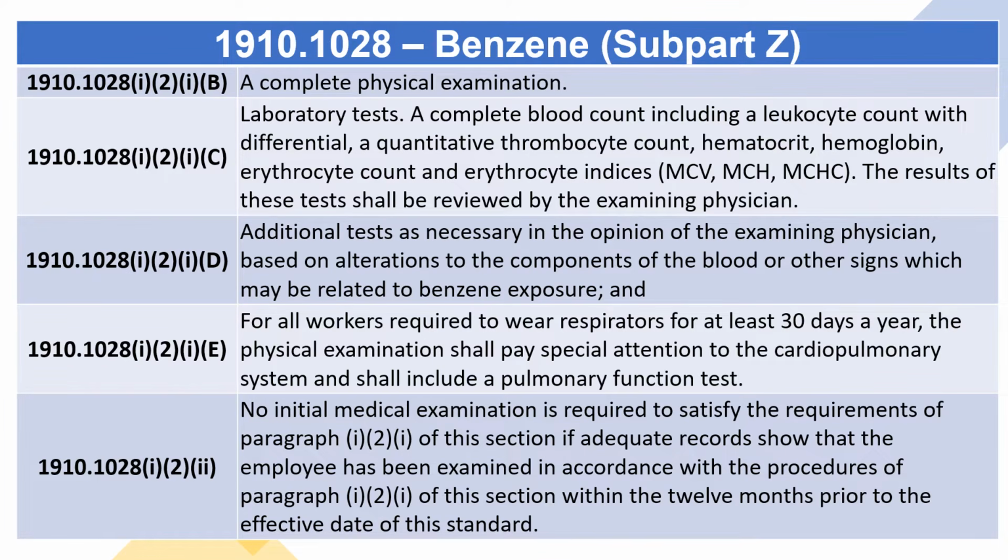The results of these tests shall be reviewed by the examining physician. Additional tests as necessary in the opinion of the examining physician, based on alterations to the components of the blood or other signs which may be related to benzene exposure. For all workers required to wear respirators for at least 30 days a year, the physical examination shall pay special attention to the cardiopulmonary system and shall include a pulmonary function test.